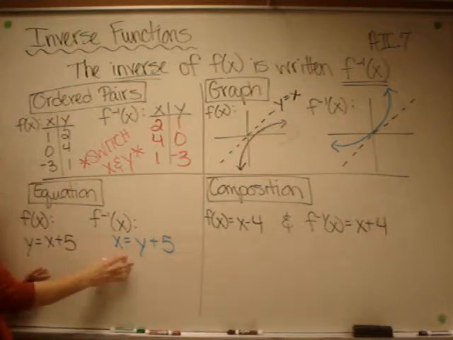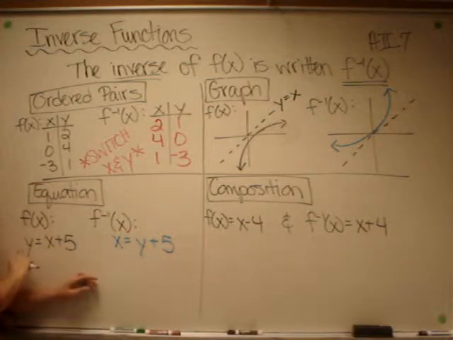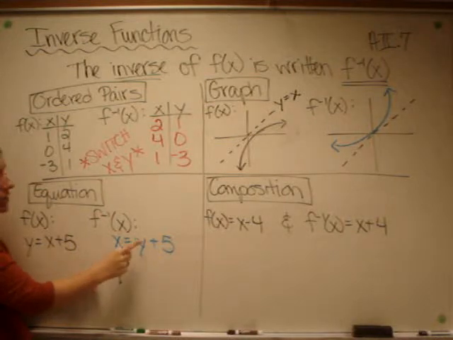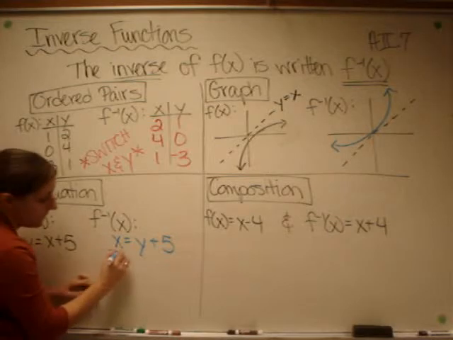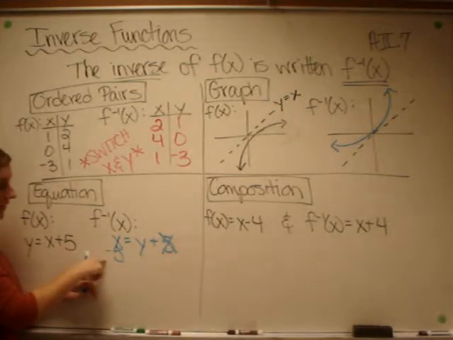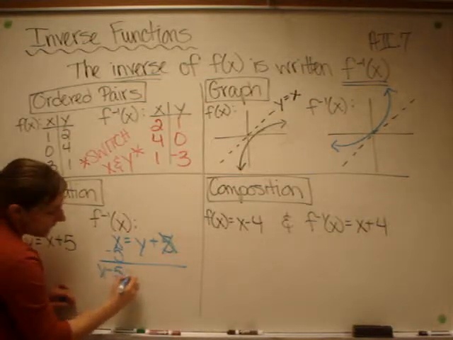The only thing you have to add right here is that it still needs to begin with y equals. So from here you have to solve for y. Since y is not by itself, I have to subtract 5 to the other side. That way it goes away on this side and it shows up over here. So that would be x minus 5.